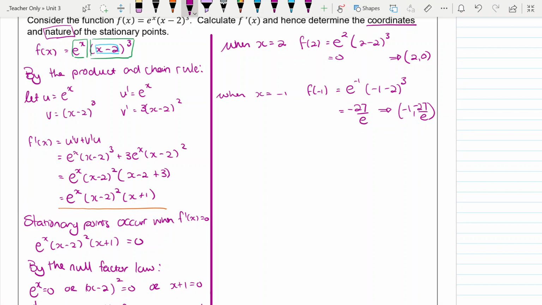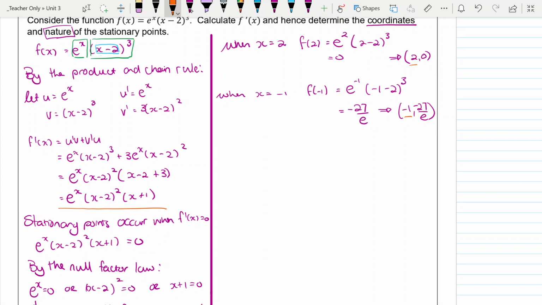Okay? And the table needs to have values of x on either side of my turning points, or my stationary points. So I see I have one over here at -1, and I have one at +2.